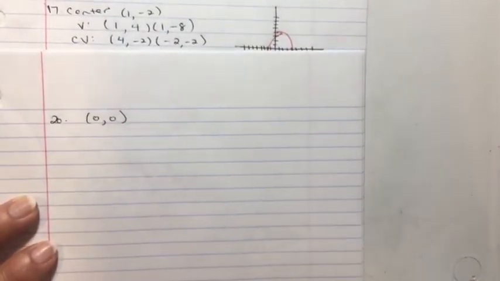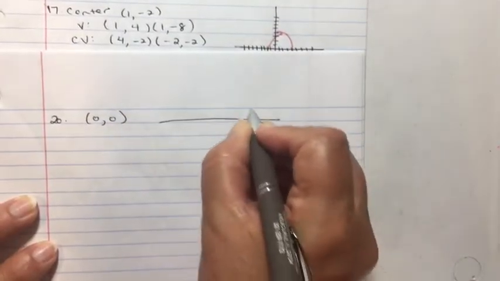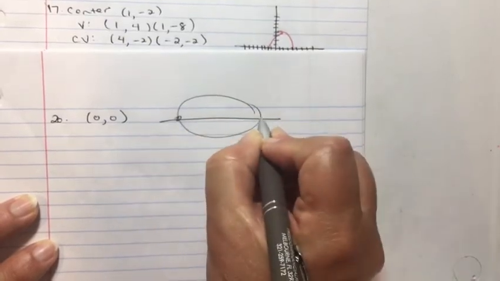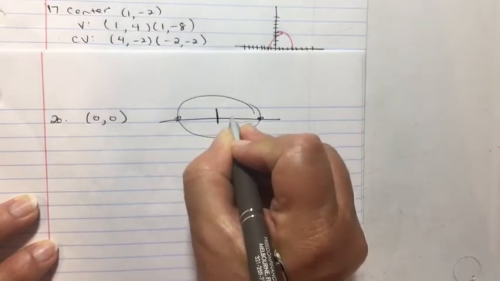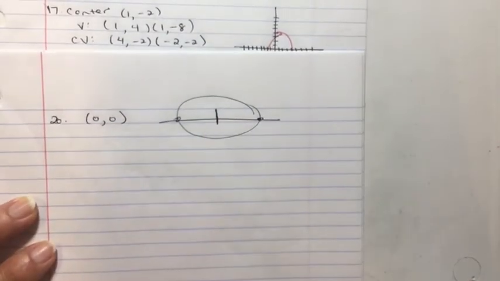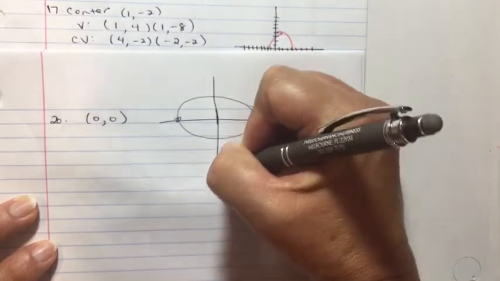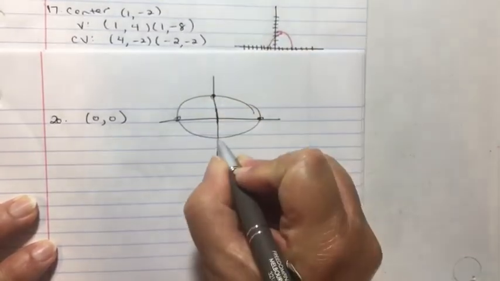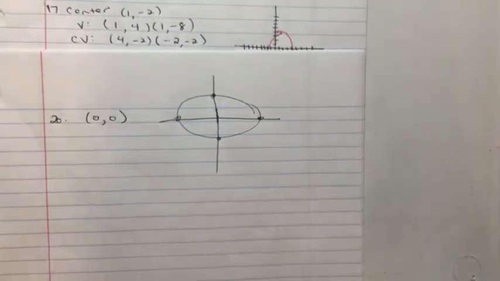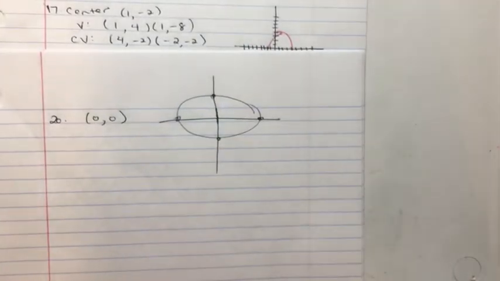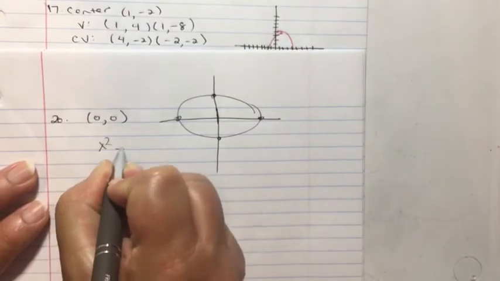The horizontal axis, that's this way, is going to be 12 units long. So if the center is here, it's got to be 6 in each direction. And then your vertical axis, this one, from here to here, is 22 long, meaning each piece is going to be an 11. All right, so you know it's centered at the origin.